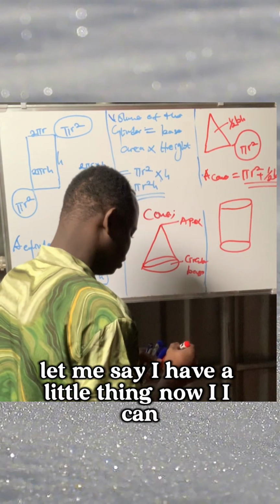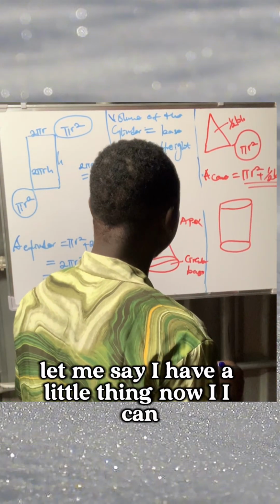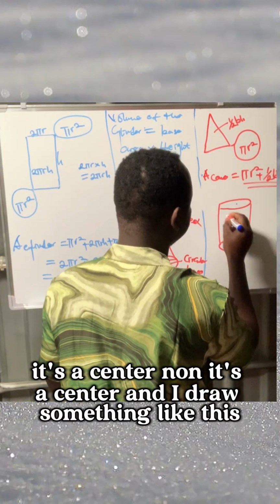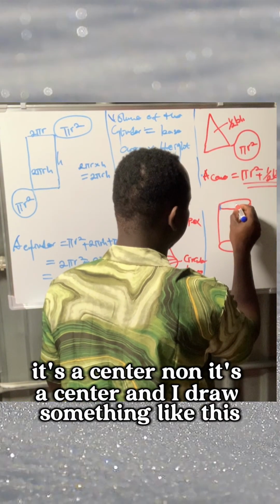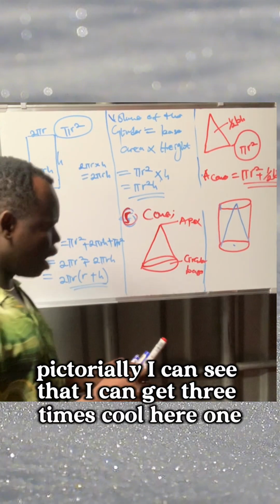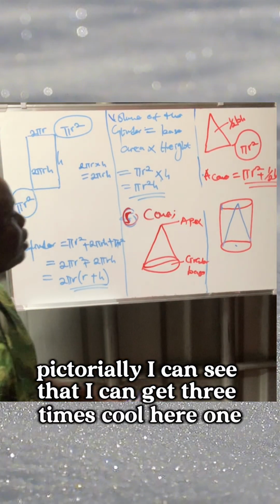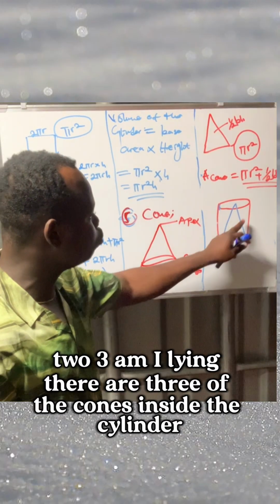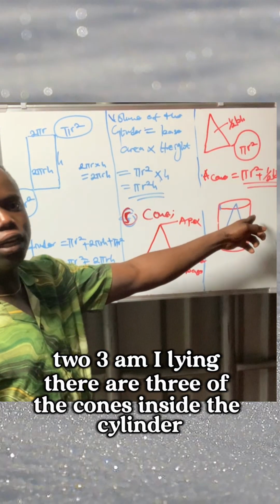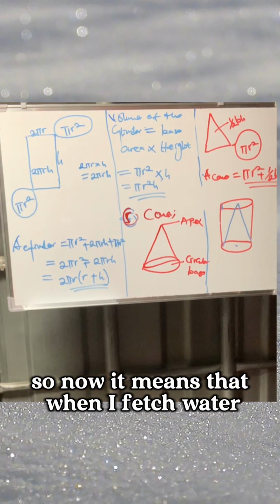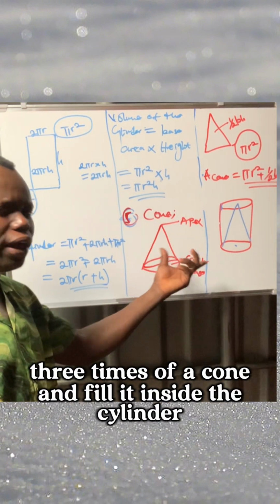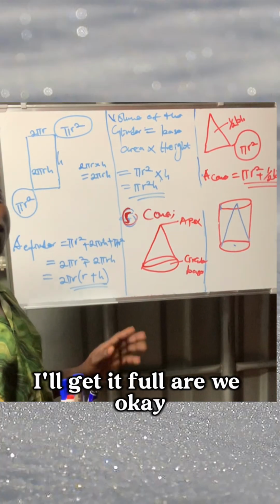Let me say this is the center, and I'll draw something like this. Pictorially, I can see that I can get 3 cones here. 1, 2, 3. Am I lying? There are 3 cones inside the cylinder. So when I fetch water 3 times with a cone and fill it inside the cylinder, I will get it full.